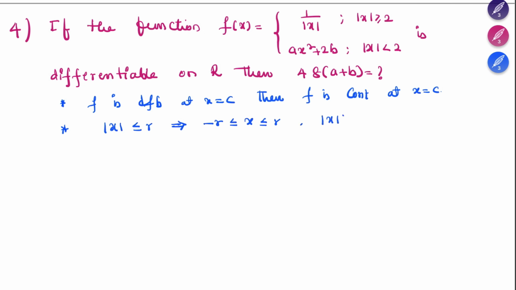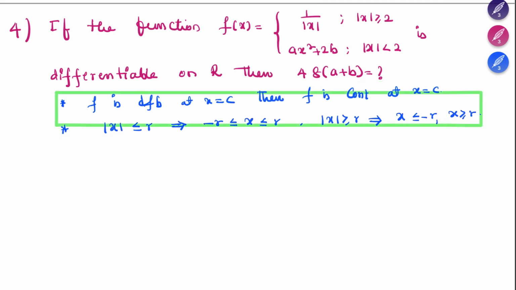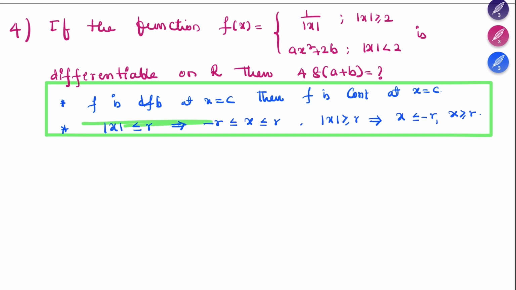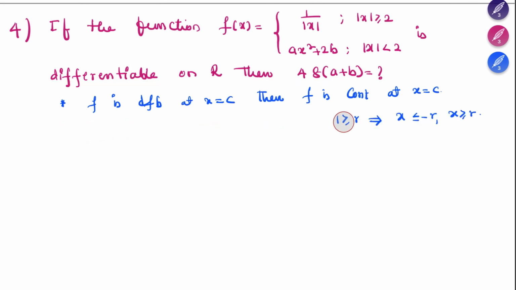And mod x greater than or equal to r, if you remove the mod, you get x less than or equal to minus r, or x greater than or equal to plus r. So you should know these rules before solving this problem. The second one is a more frequently used inequality rule, a very important rule. That's what you have to remember. Right. So remember these two rules.